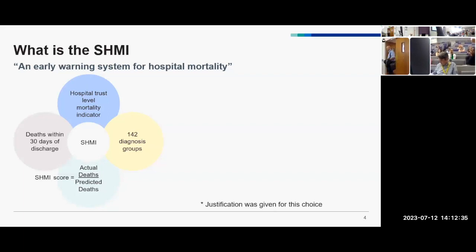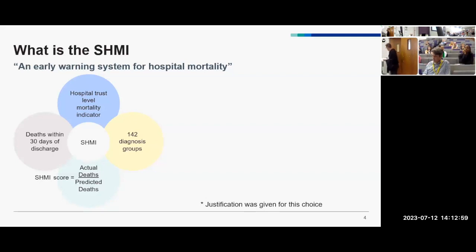The SHMI uses 140 different diagnostic groups of similar conditions, and measures the chance of dying within 30 days of leaving hospital, and then that prediction is compared against the actual number of deaths.